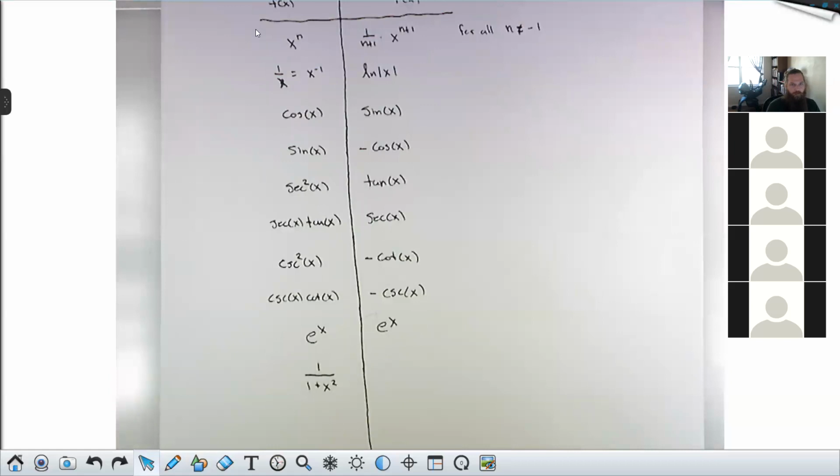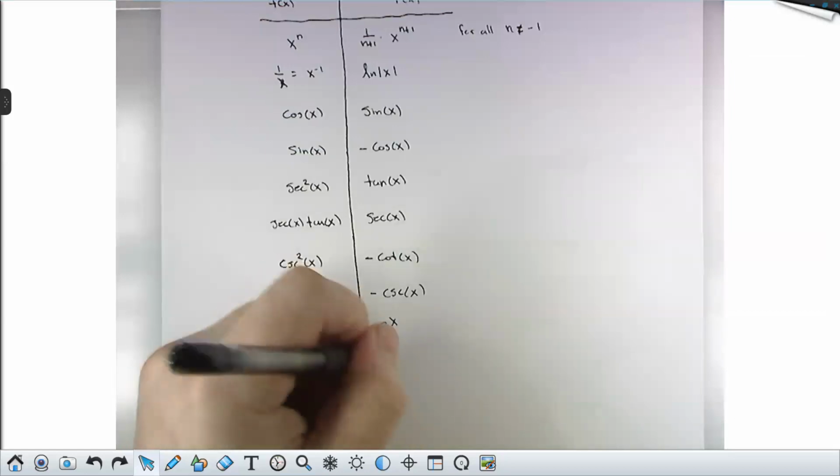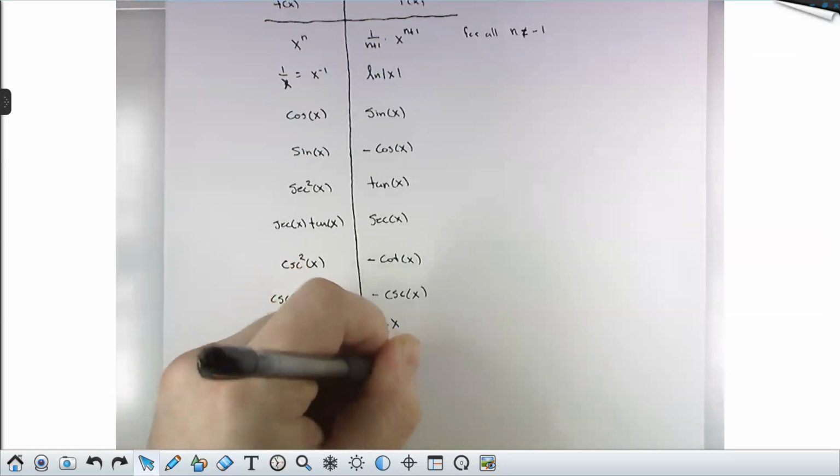Don't think too hard. You don't have to apply any of these other rules or try to split this up. It's just something we should know. Who has this as its derivative? Wouldn't that be inverse tangent? Excellent. Arctan or inverse tangent of x.